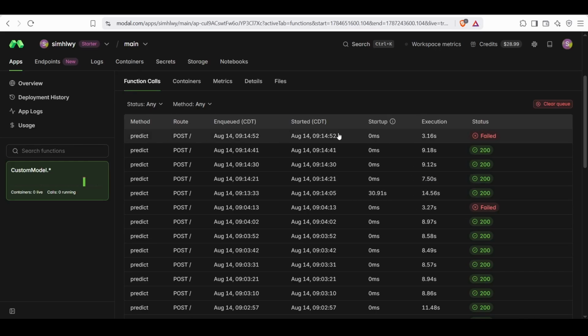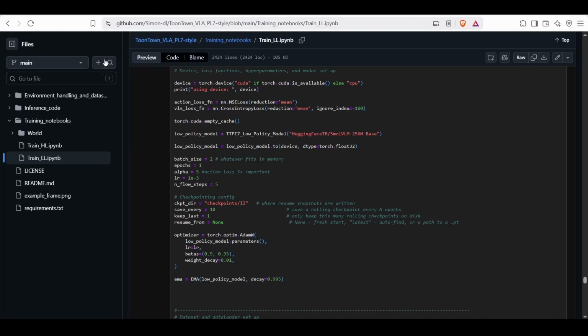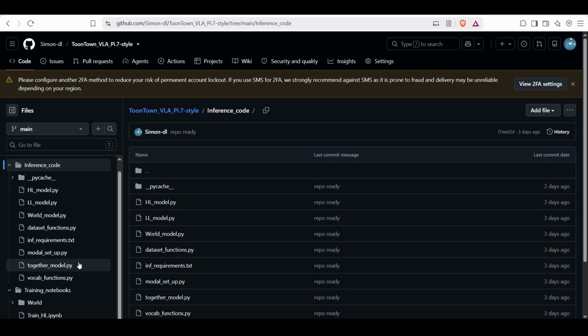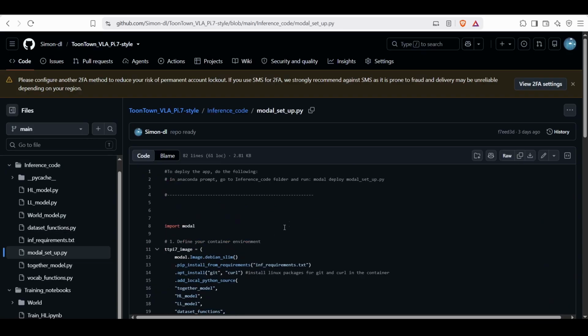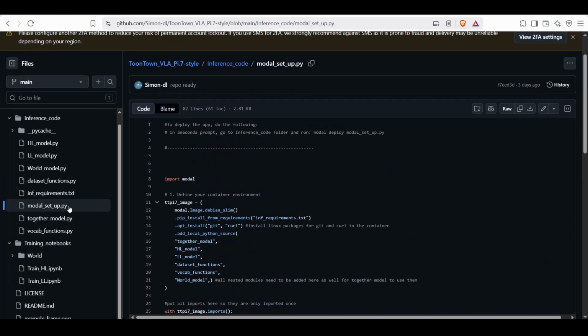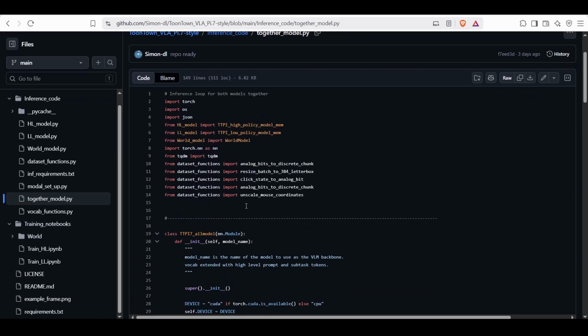The Physical Intelligence people used async for their world model and their action generation model, and I didn't do that. I just ran it linearly in a chain. And you can find my code for inference here, and it includes the Modal setup if you wanted to use the VLA to set up your Modal stuff.